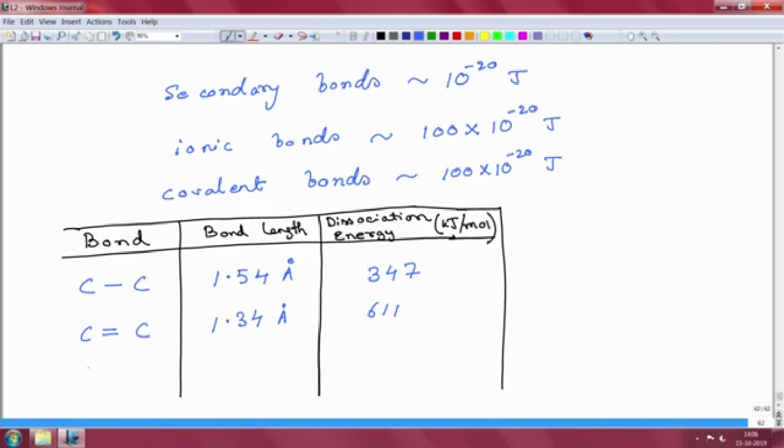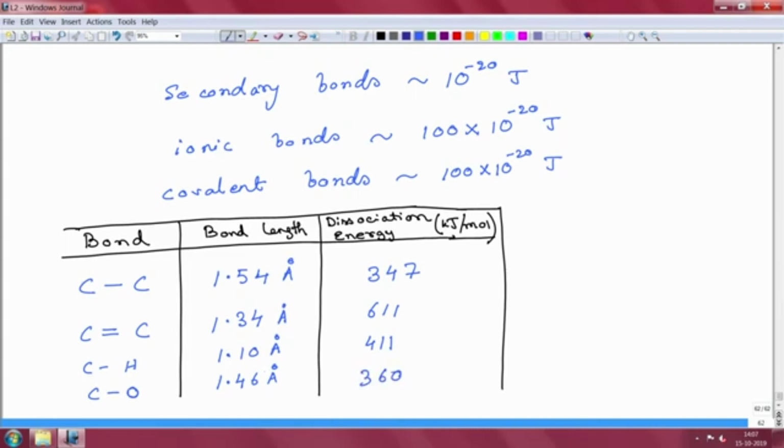For a carbon hydrogen bond, the bond length is 1.10 Angstroms, and this value is 411. And for a carbon oxygen single bond, this is 1.46 Angstrom, and this value is 360.